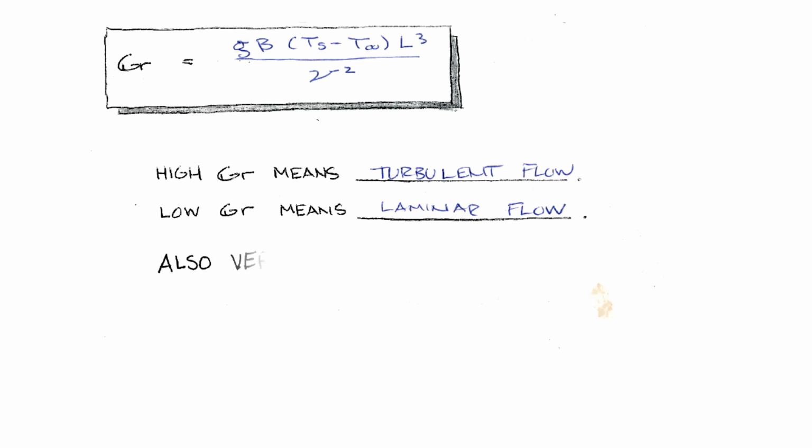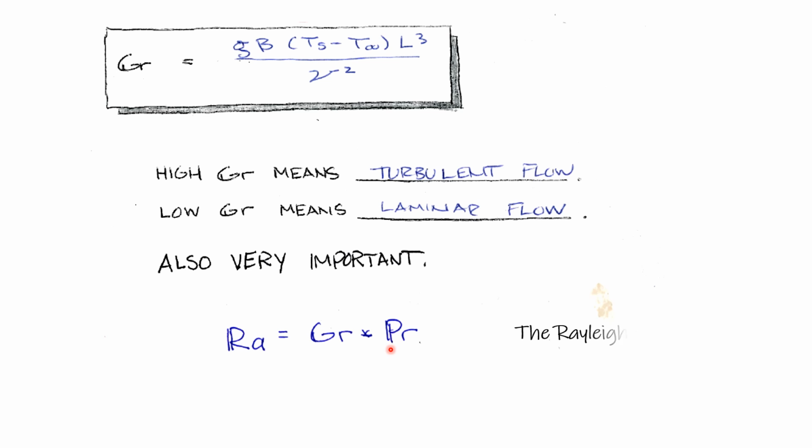Now, there's another dimensionless number that's very important as well. In fact, you are much more likely to see this in the actual correlations, and that is Ra, where we take the Grashof number and multiply it by the Prandtl number. This is called the Rayleigh number.